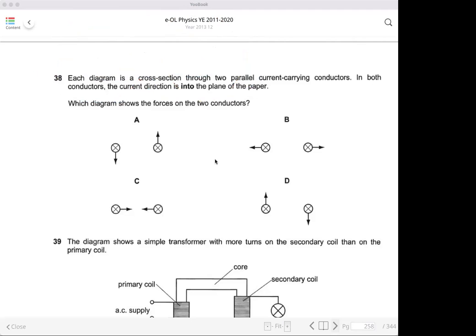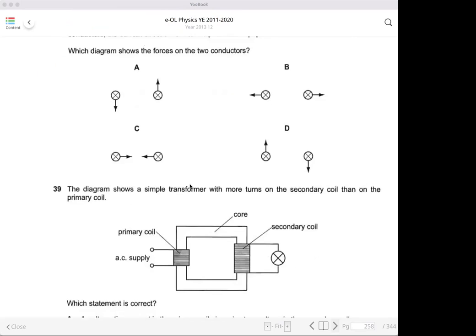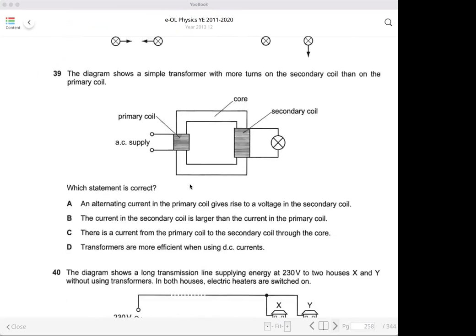Okay, let's continue. Question number 39, second last question. You all may begin.